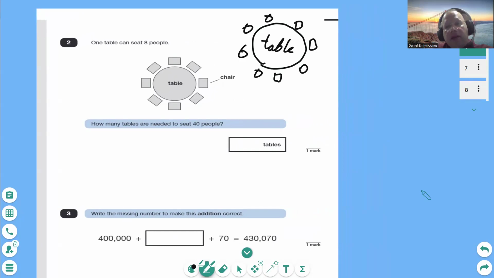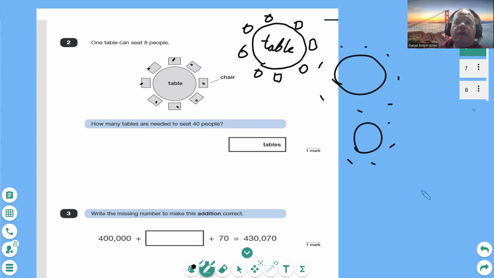How many chairs would we have? Well, we'd have 8 here, and 2, 3, 4, 5, 6, 7, 8, 9, 10, 11, 12, 13, 14, 15, 16 on the second table. So 2 tables can seat 2 times 8, which is 16. So you could keep going if you like. 1, 2, 3, 4, 5, 6, 7, 8. Another one. 1, 2, 3, 4, 5, 6, 7, 8.